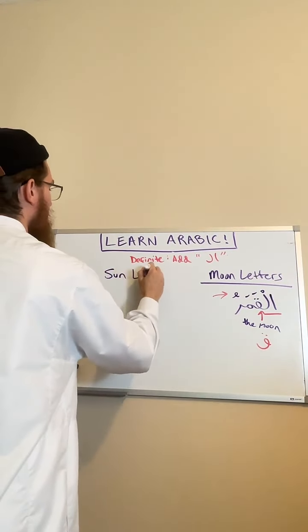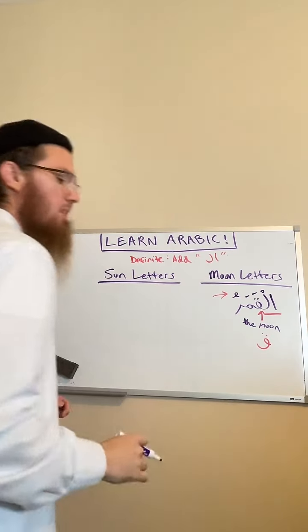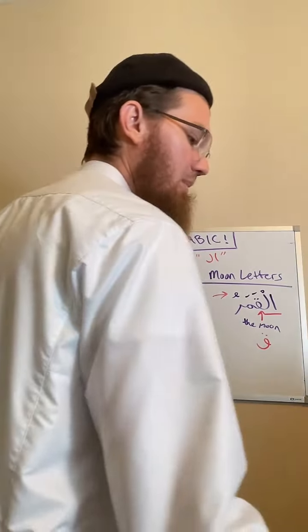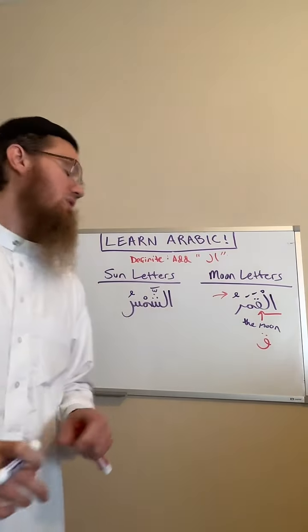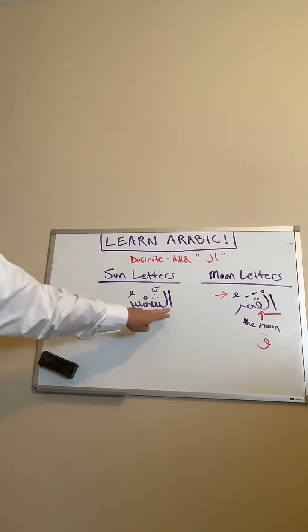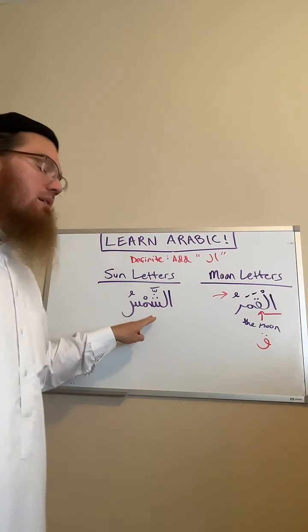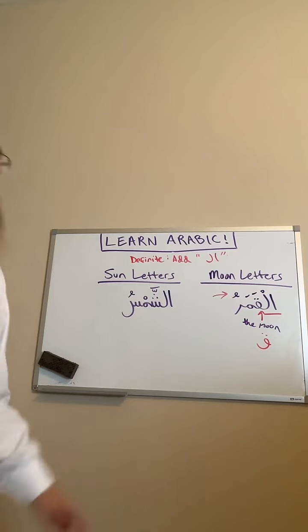Okay, so as for the sun letters, a good example for that would be ash-shams. Okay, so shams means sun. The way that this is written, does this mean the sun or a sun? Ash-shamsu.